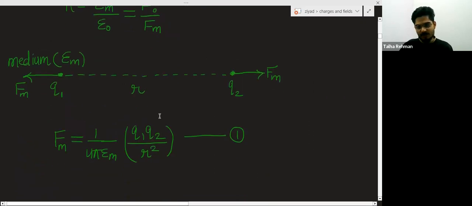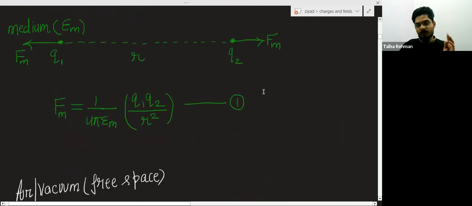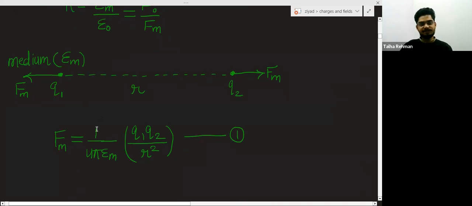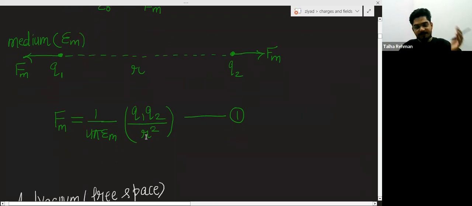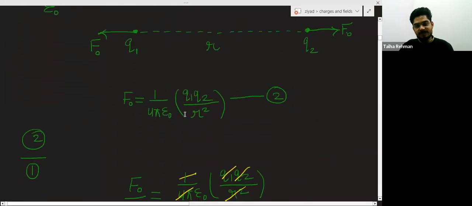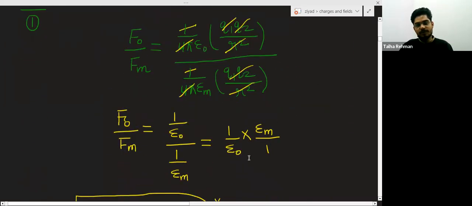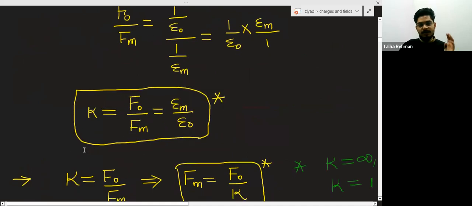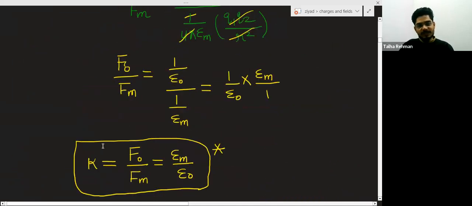We have derived this also. We took two charges and applied Coulomb's law, then placed these charges in a different medium and applied Coulomb's law again, and divided both equations and got this. So basically this value you have to remember.